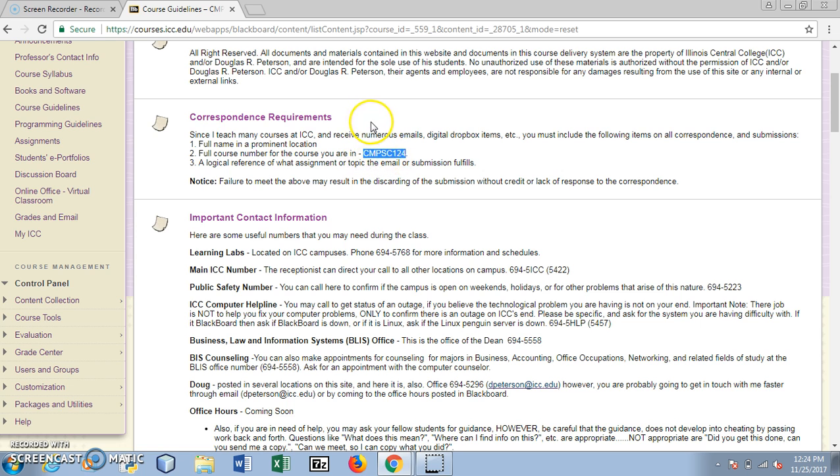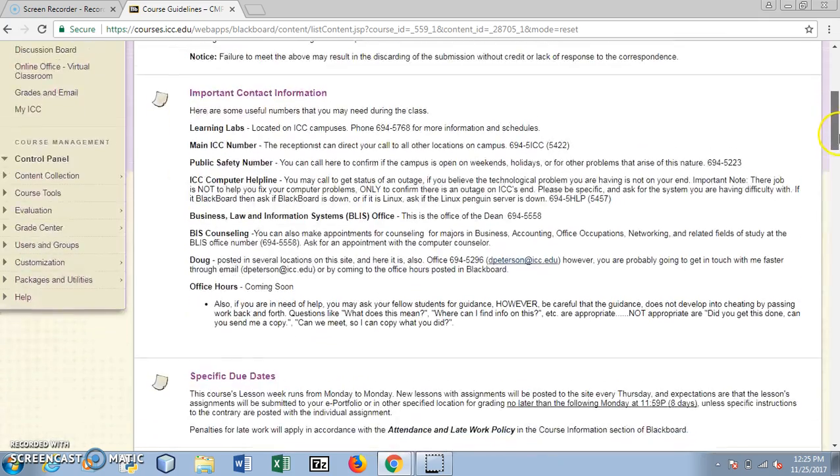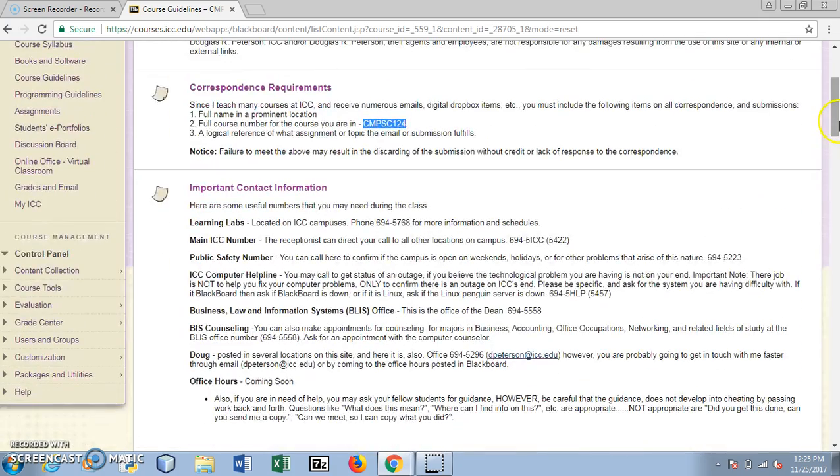So in your case, you'll say Computer Science 124 somewhere in the subject line. And then you need to tell me what you're contacting me for, okay? So don't forget to do that, because I can't always know exactly who's contacting me. I get hundreds of emails a day. I need to see the ones that are important, and that's you guys.